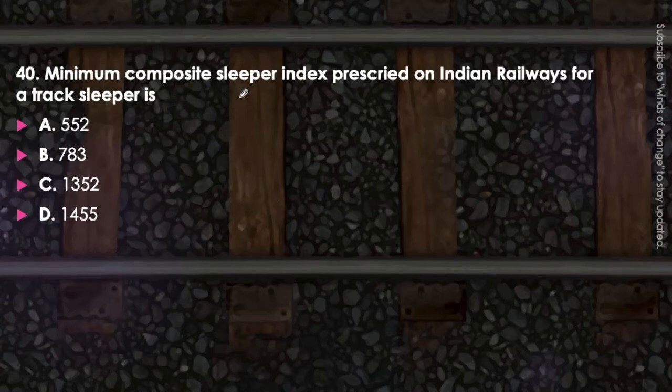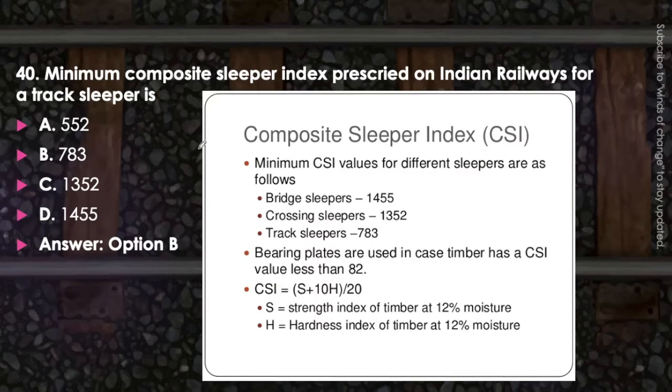Minimum composite sleeper index prescribed in Indian Railway for a track sleeper is 552, 783, 1352, or 1455. We are talking about the composite sleeper index. The value of composite sleeper index should be memorized here. The answer will be option B, that is 783. Composite sleeper index determines the strength as well as hardness in case of the wooden sleeper.